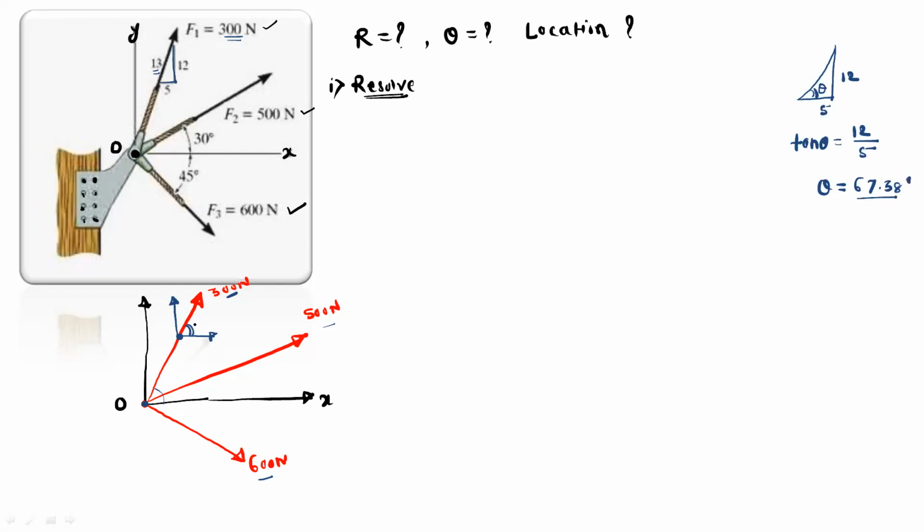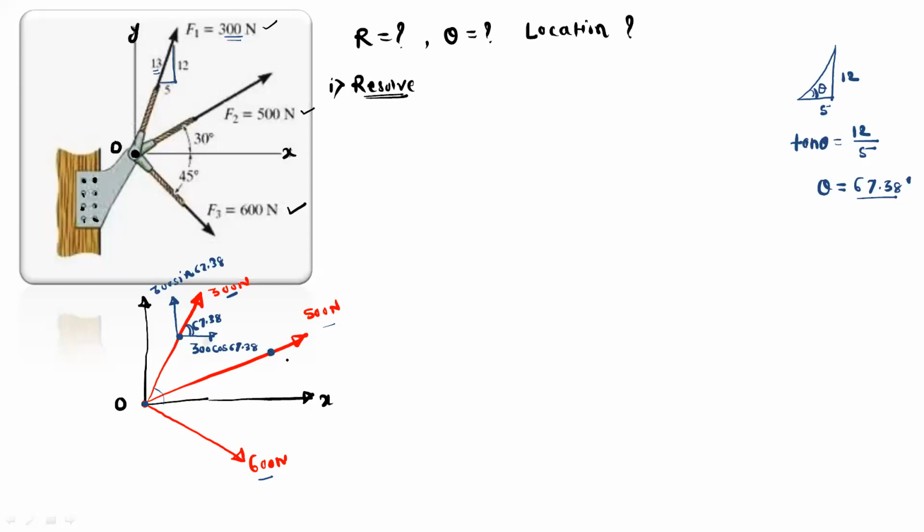So this angle is 67.38. The x component will be 300 cos 67.38. The y component is equal to 300 sin 67.38. Similarly, resolve the 500 Newton.